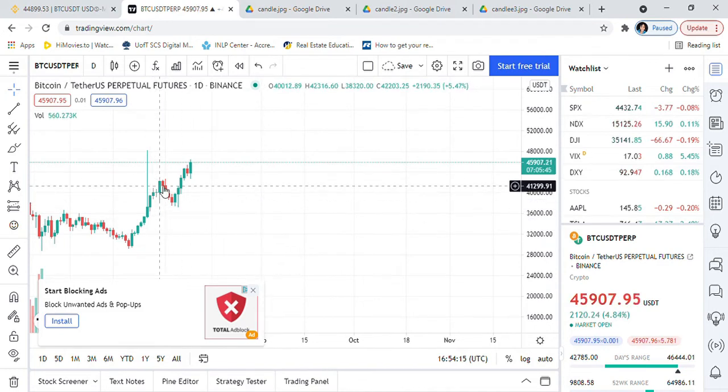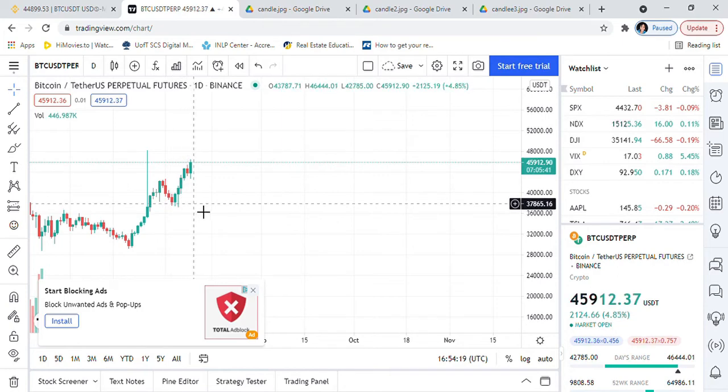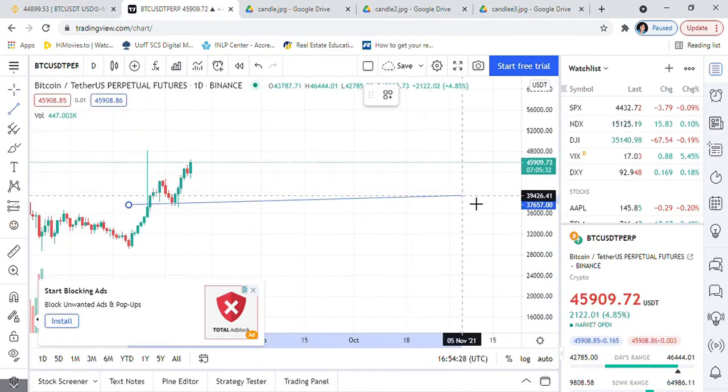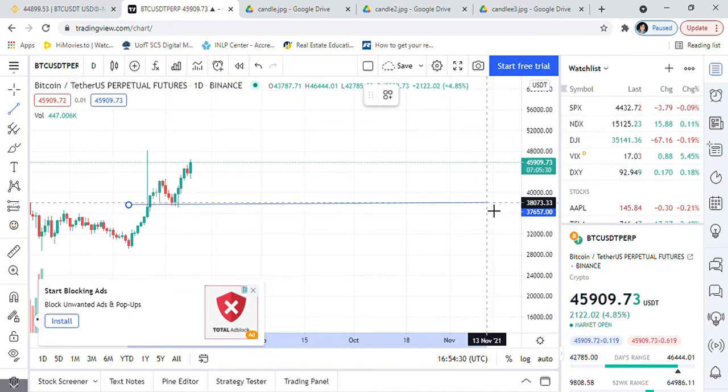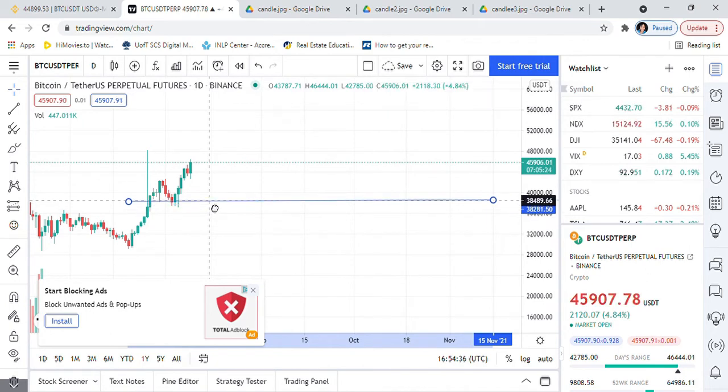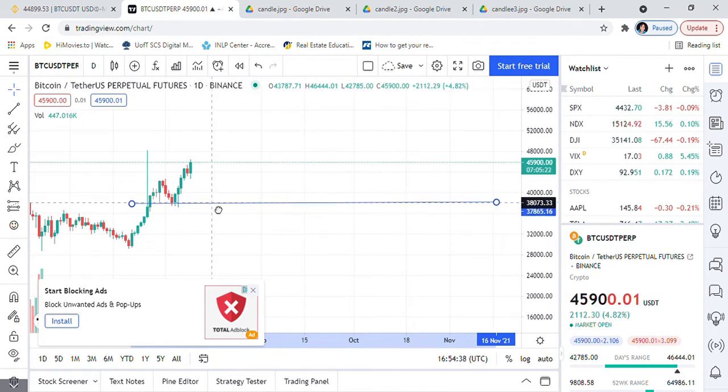And how do I know that? Because when the price started going down, it stopped right here and it didn't go lower than that. So I can draw this line right here, and we can call that a support because the price did not go lower than this area.